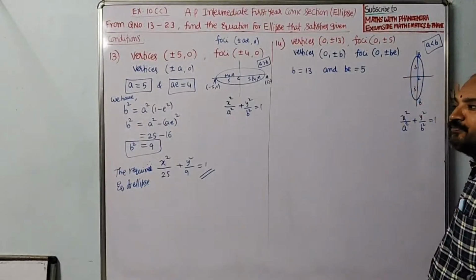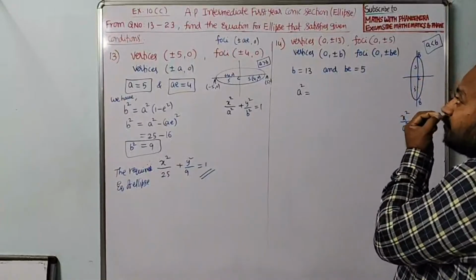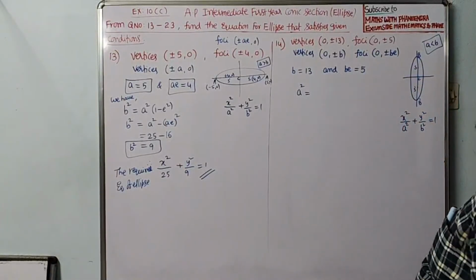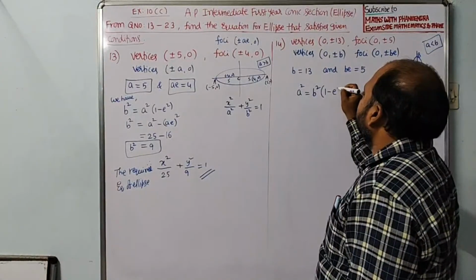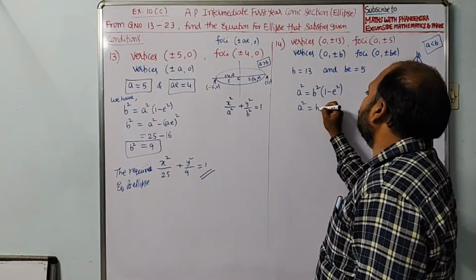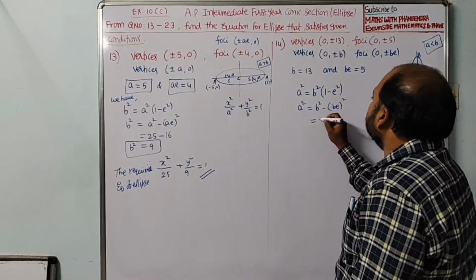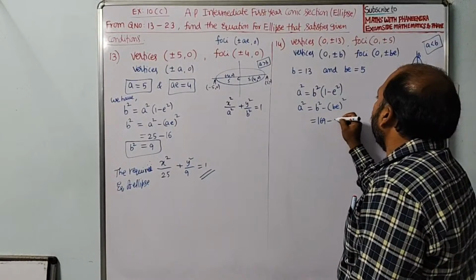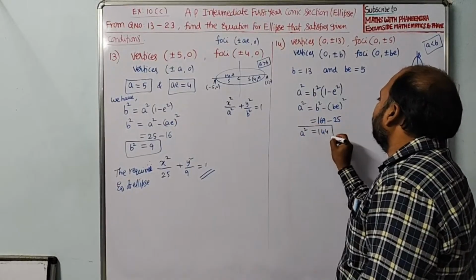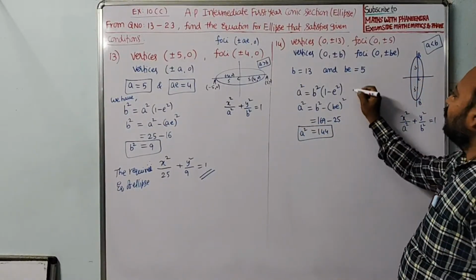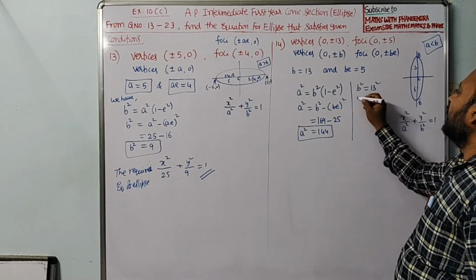Now b equal to 13 and be is equal to 5. a square equal to b square minus be whole square. So b square means 169 minus 25, so 144 is the a square value. b square value is 13 square, that is equal to 169.